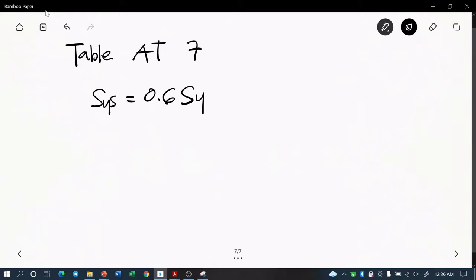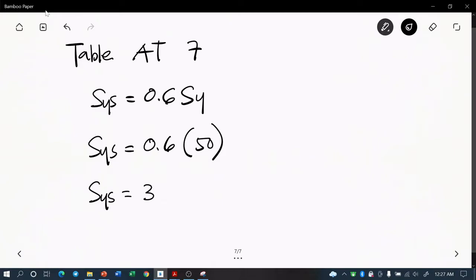Thus we substitute: 0.6 times S sub y, which is 50. So we have S sub ys equal to 30 KSI.